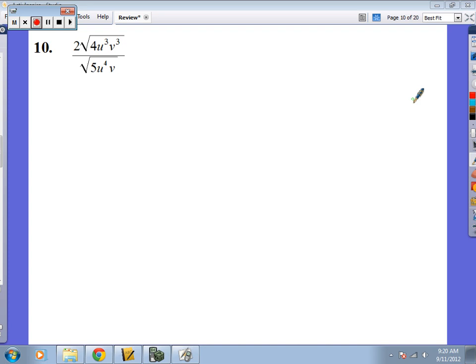Okay, first you have to simplify. So because you have 3 u's up here and 4 here, you can take these 3 out and change that just to a u, and then you can cross this v out and make that v squared.